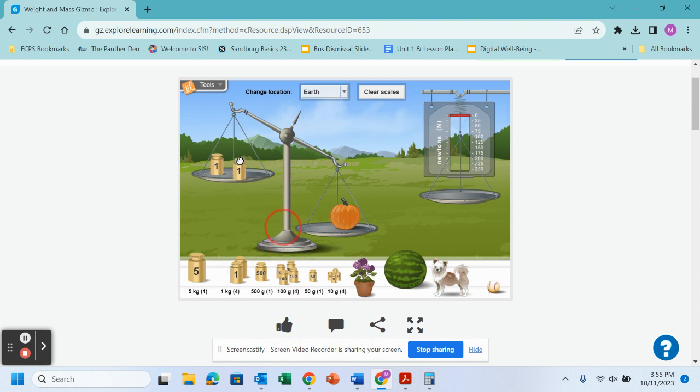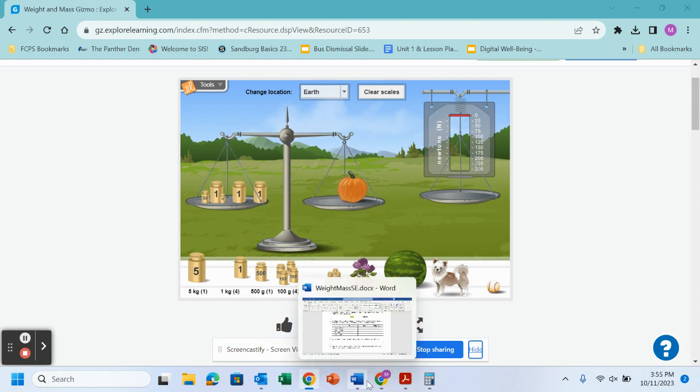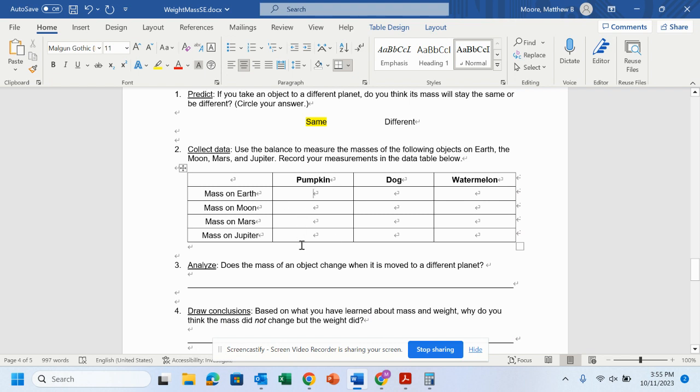I'm going to do 1,000, 2,000, 3,000. We're going to do 50. Okay, so it should be 3,060. So the mass of the pumpkin on Earth is 3,060. Or I guess it would be 3.06 kilograms, but just stick with the grams for now.